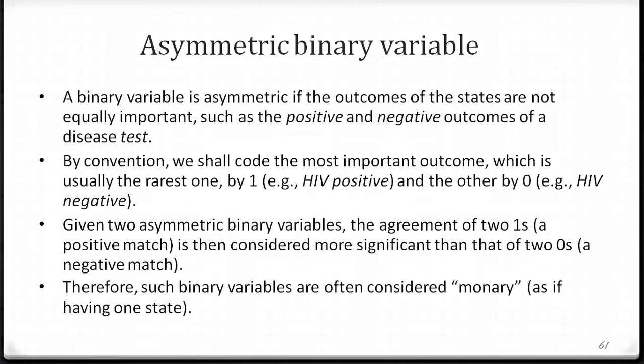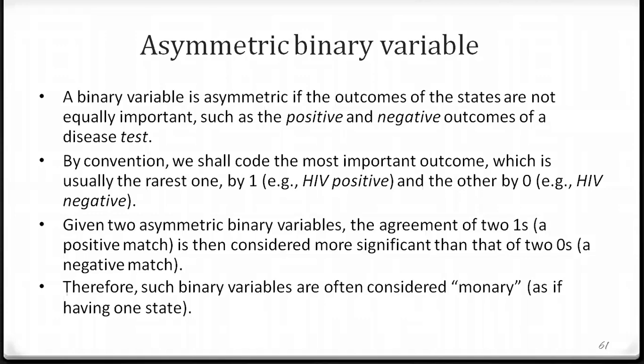For an asymmetric binary variable, we have to take a small example. Imagine the outcomes of a biological test for HIV. When you have positive and negative outcomes of a disease test, after doing the test you either come out as HIV positive or HIV negative. Here we usually name 1 as being HIV positive, which is the rarest outcome, but it is very important.